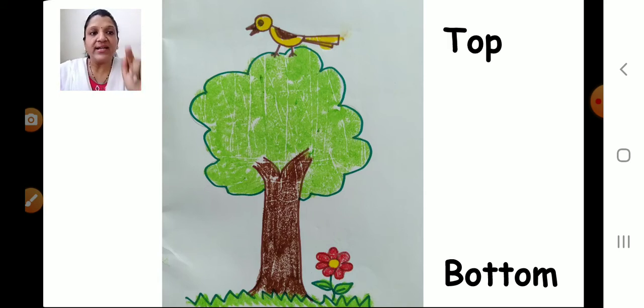So do you see the different positions? We call it as top and bottom. You can also find such positions in your house and you can play with your brother, sister or mummy, daddy about the positions.